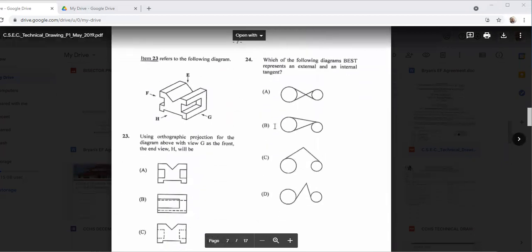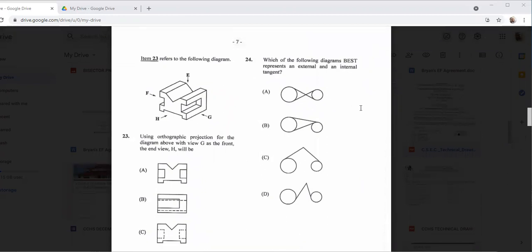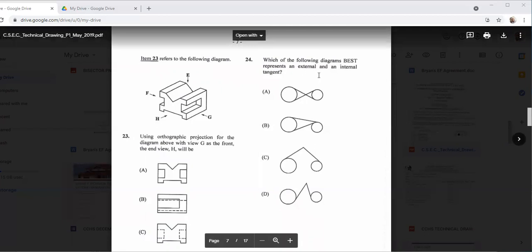All right. Let's move on to 24. Which of these represents an external tangent?